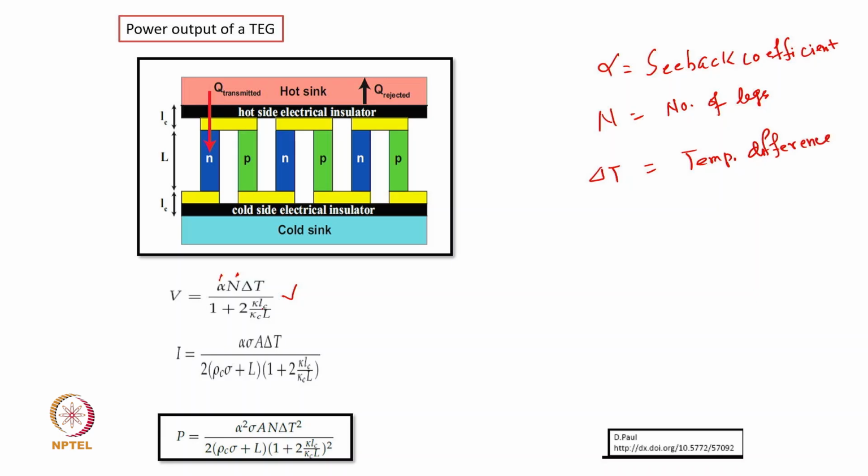and kappa is, anyway we know that it is thermal conductivity, kappa C is the thermal conductivity of the contact material, and capital L is the leg length, and LC is the contact length.